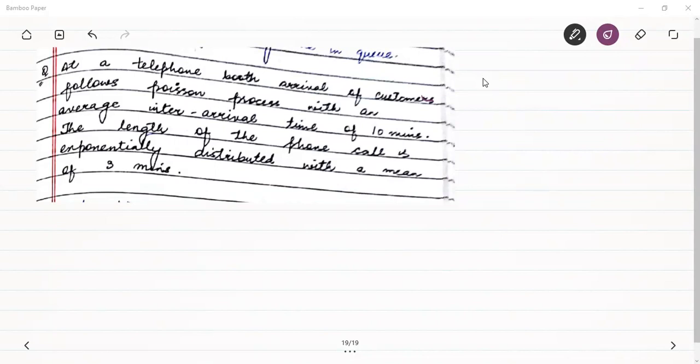Okay. So actually this is not the arrival rate, it is the inter-arrival time. Okay, कि 10-10 मिनट के बाद एक customer आता है. Okay, so this is actually 10 minutes per customer.